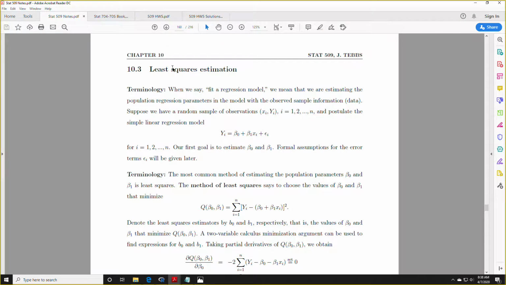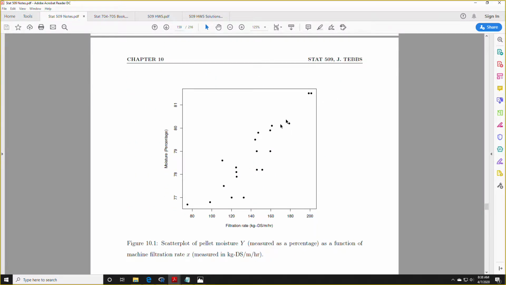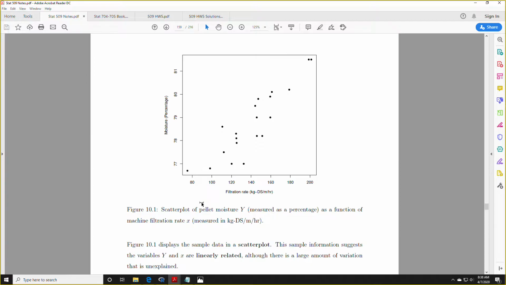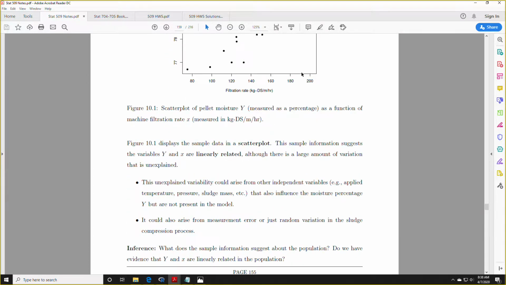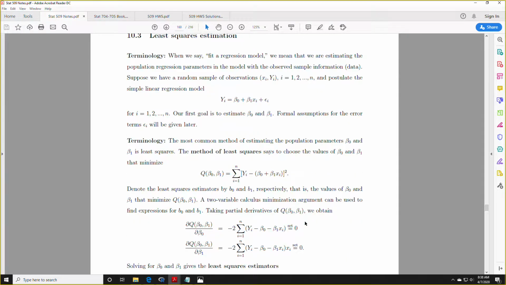So we talked about least squares estimation. This is the basic gist of how we're fitting this line. Our goal is to fit the best possible line through the scatter plot. And of course, what is the best line? We have to quantify that, and least squares is how we quantify that.